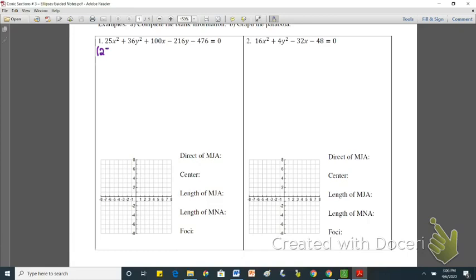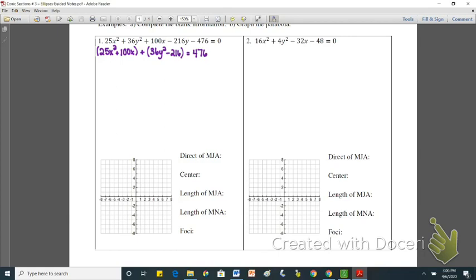So I have 25x squared plus 100x, and then in my second parenthesis I have 36y squared minus 216y, and at the same time I'm going to move the constant to the other side. To move the negative 476 to the other side, I have to add it.